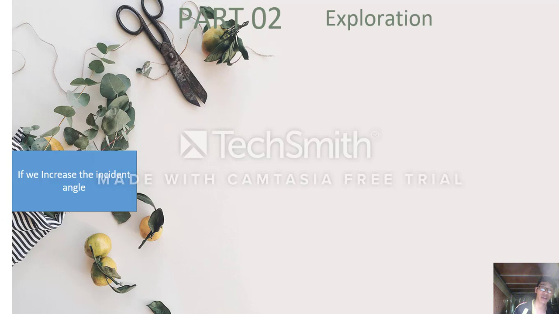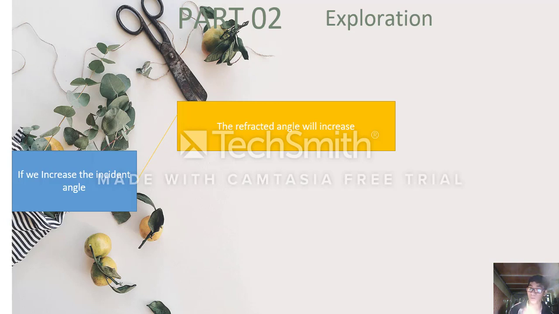Some students can say that it also increases. So when the incident angle increases, the refracted angle increases, and maybe the values observed are directly proportional.